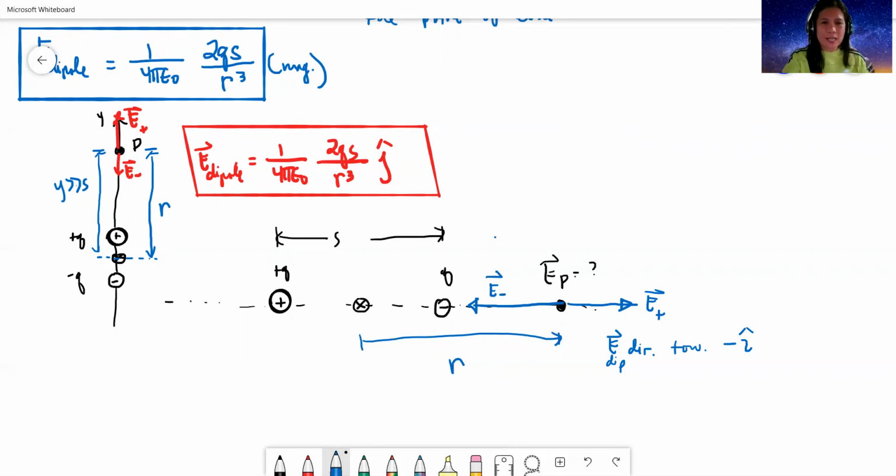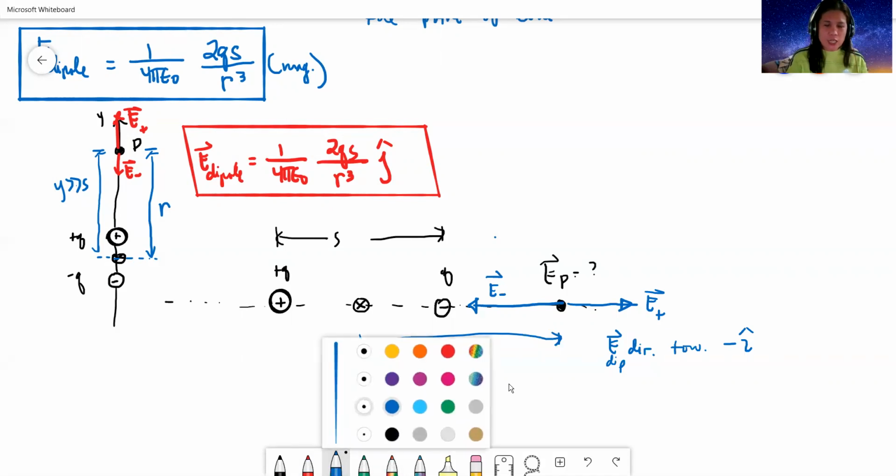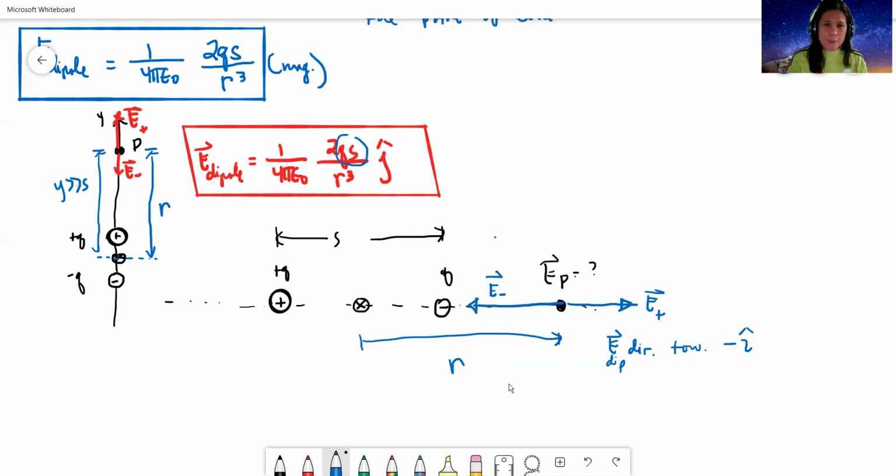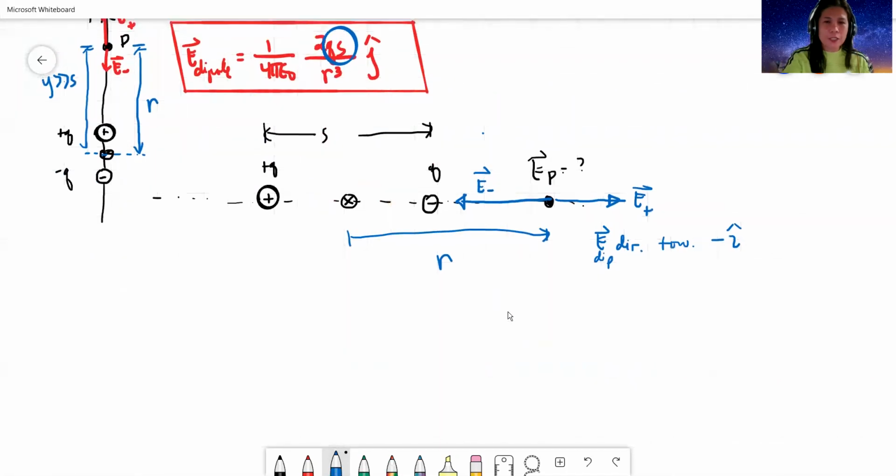Okay? Now, finally, itong value na Q times S, charge times separation, this is for dipole only ha. So charge times separation is given another term because it's also another physical quantity, and we call it the dipole moment. Buti pa itong dipole may moment.